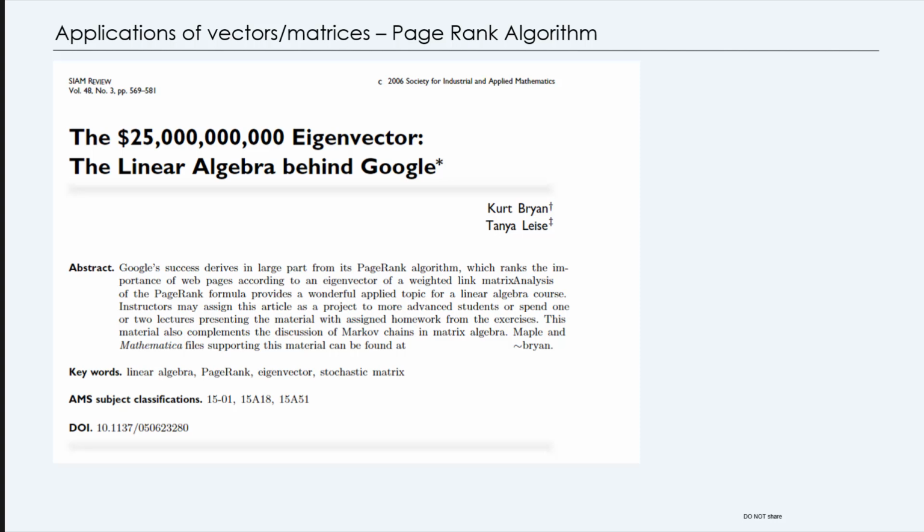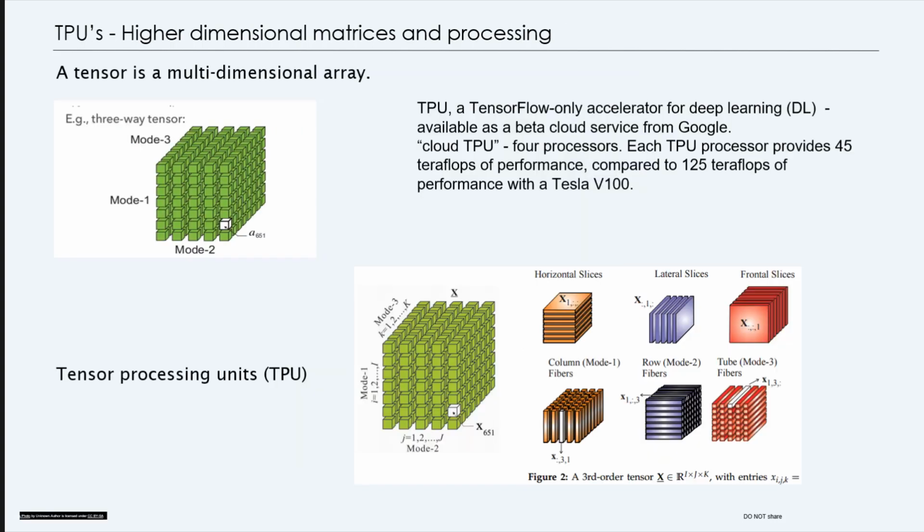Part of the magic behind Google is its PageRank algorithm, which rates the importance of each page on the web, allowing Google to rank the pages and present to the user the more important and typically most relevant and helpful pages first. Now, this is all done with vectors and matrices.